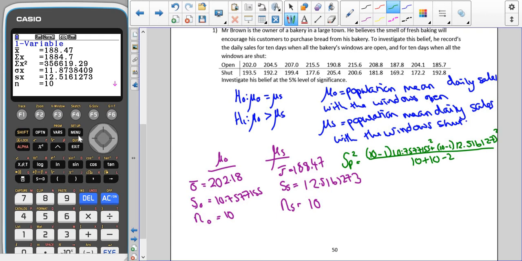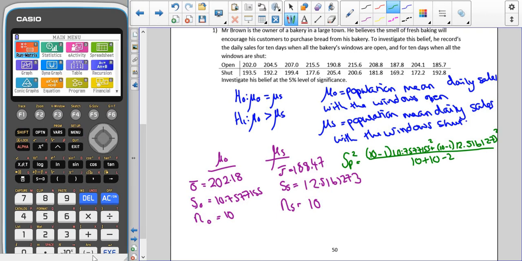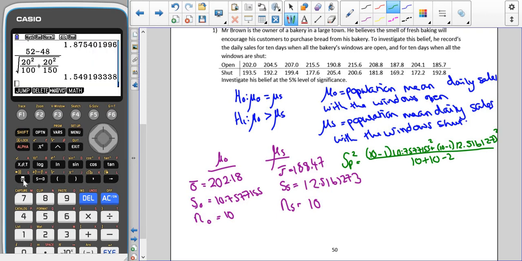So we're going to put that in our calculator. So go back to the normal maths part. So we've got 10 minus 1 times 10.7577155 squared. Oops, sorry, one too many sevens has gone in there.